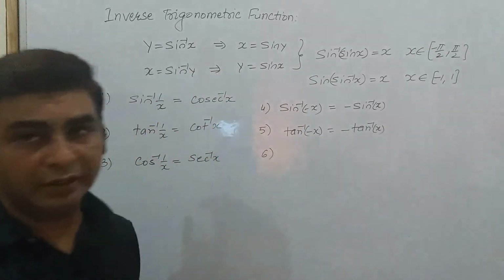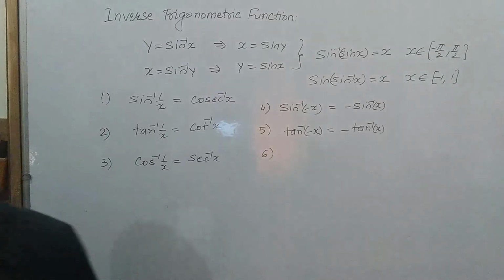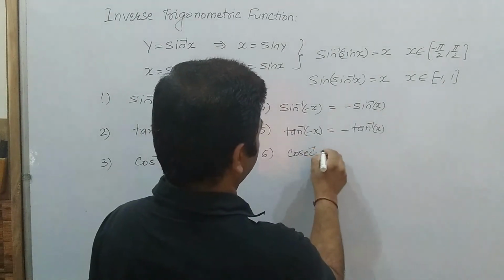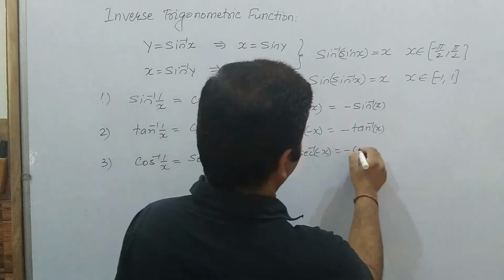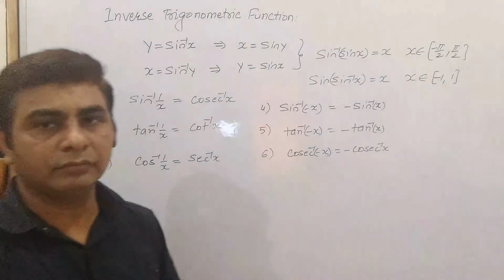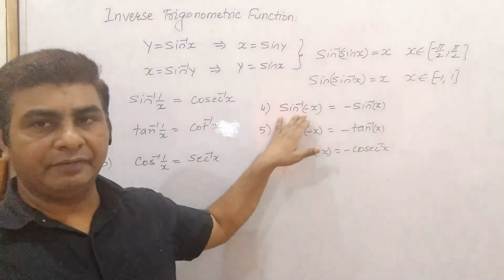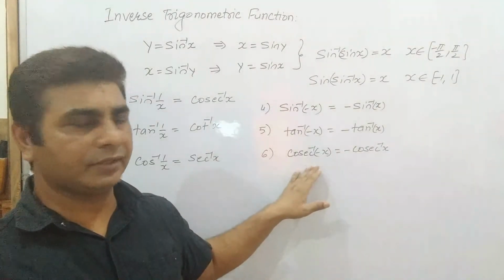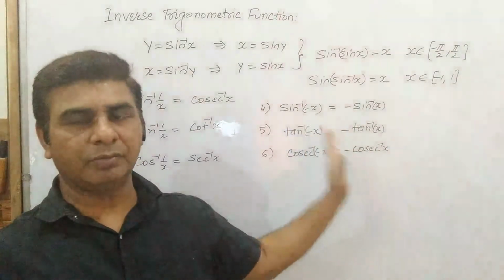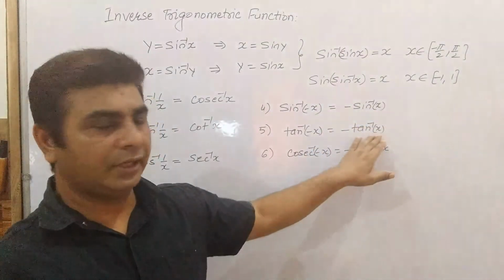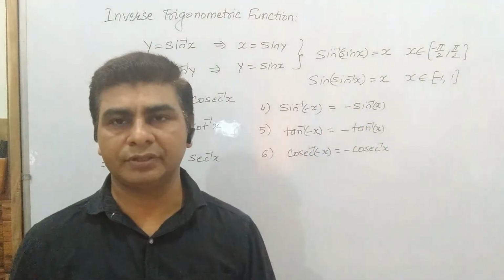For the third case, whenever cosecant inverse minus x is there, it can also be written as minus cosecant inverse x. In case of sine inverse minus x, tan inverse minus x, and cosecant inverse minus x, the negative sign will come out from the braces, and this can be written as minus sine inverse x, minus tan inverse x, and minus cosecant inverse x.